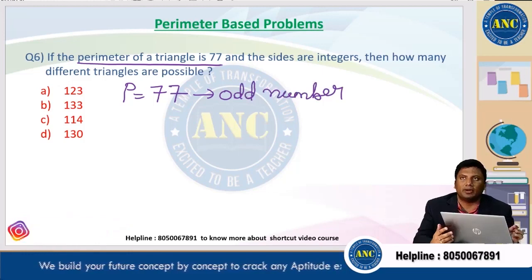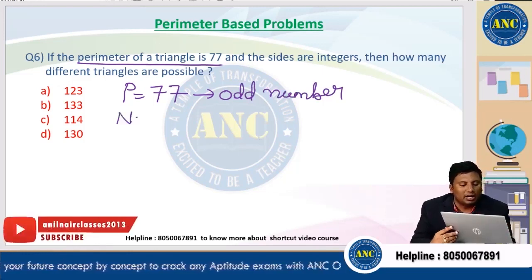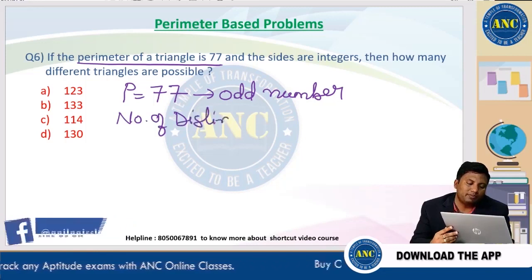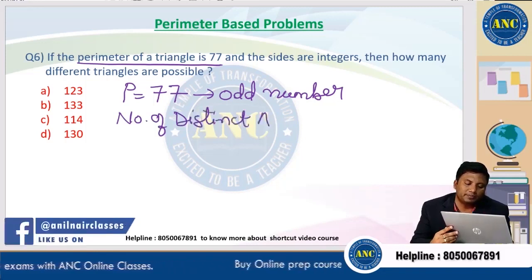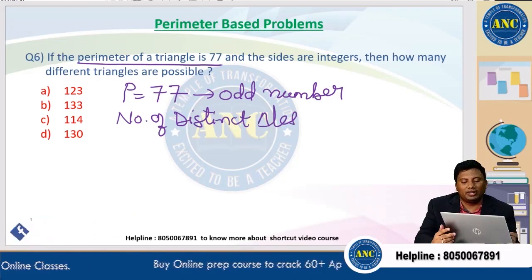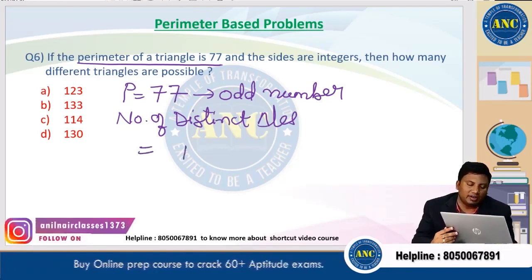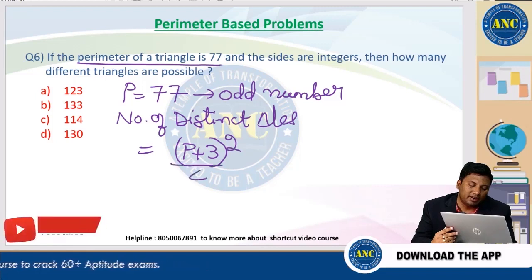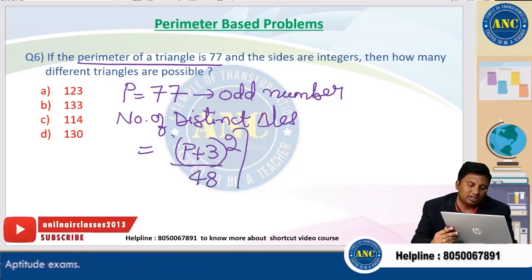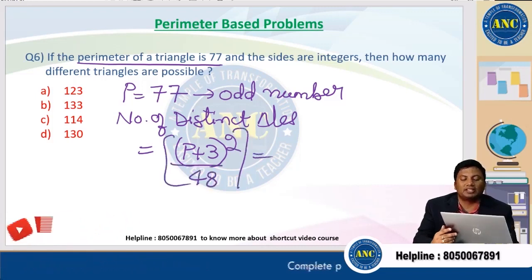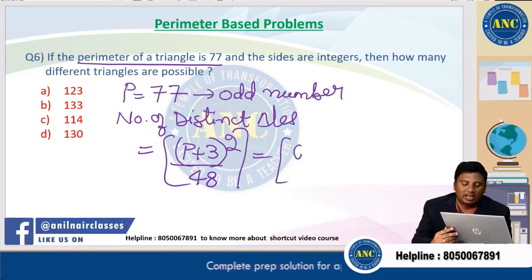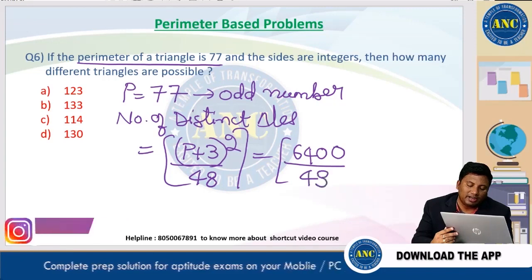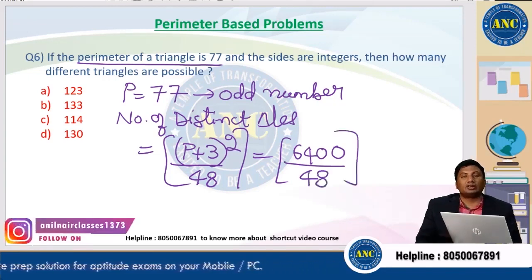If it is an odd number, the number of distinct triangles is given by (P plus 3) whole square divided by 48, nearest integer function. 77 plus 3 is 80. 80 whole square is 6400 divided by 48.